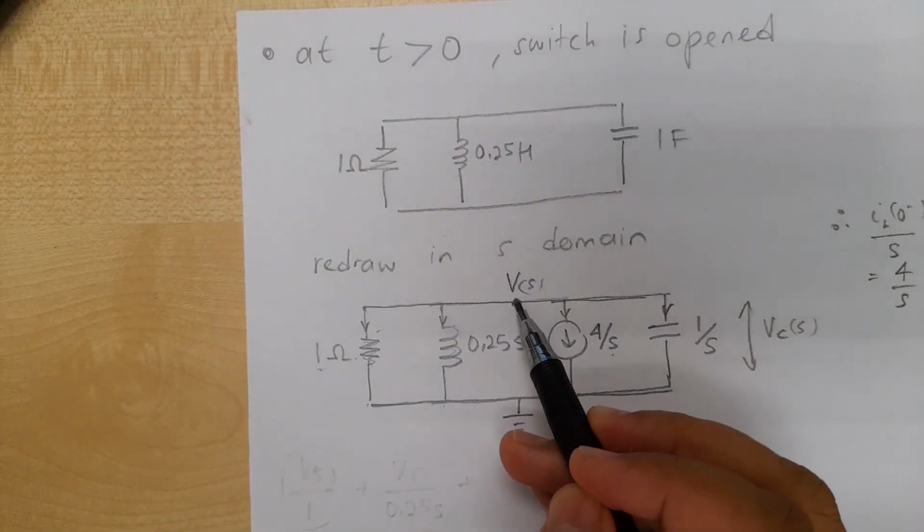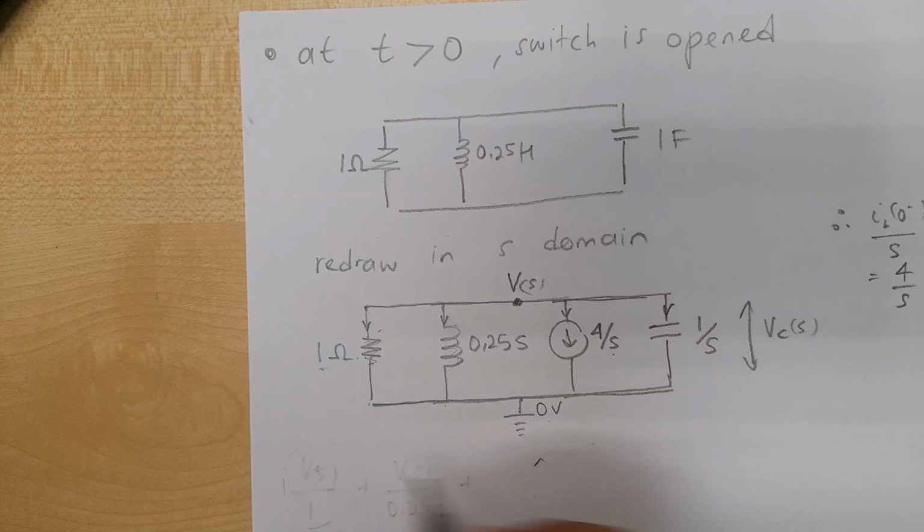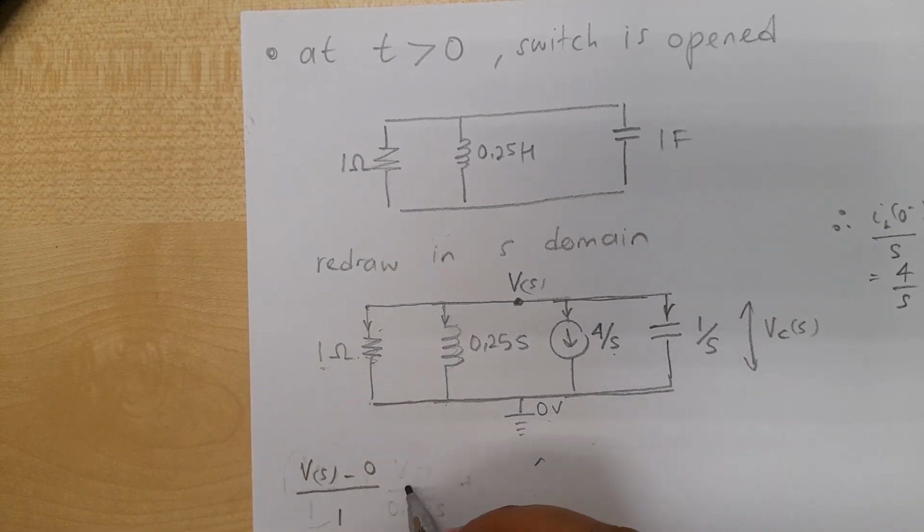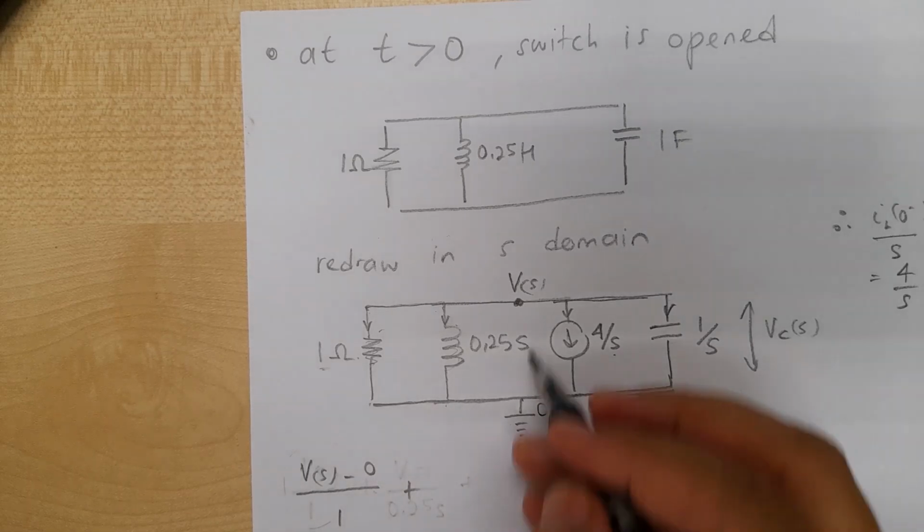Vs minus 0 volt divided by 1, this is the current.